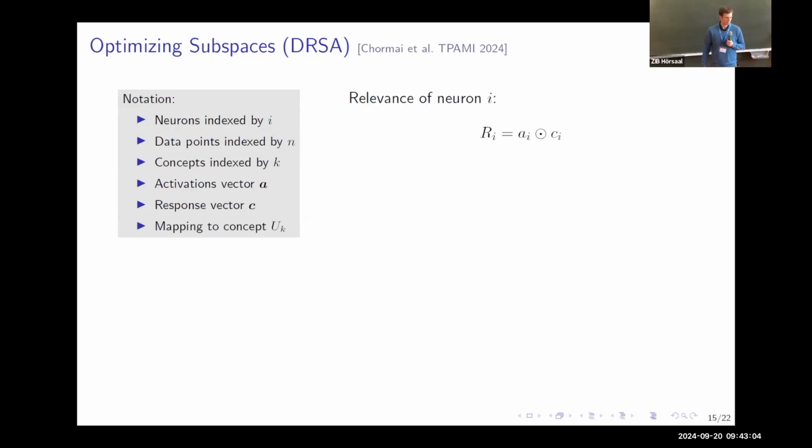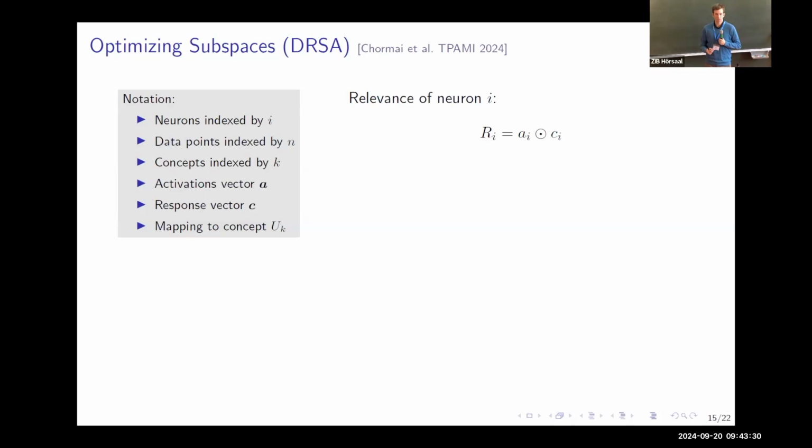Now, the first thing you can do, and this is not this work specifically, it's the general structure of classical explanations: if you want to ask whether a neuron is relevant or not, it has to be both activated and the model has to respond to it. If the neuron is off, but the model responds to it, then it does not contribute, it is not relevant.